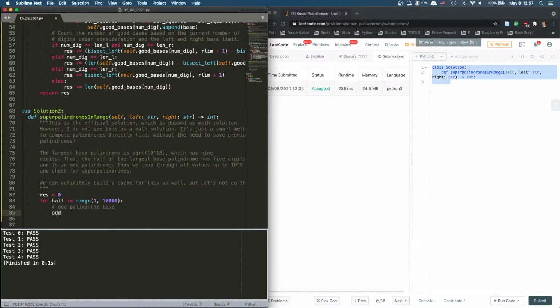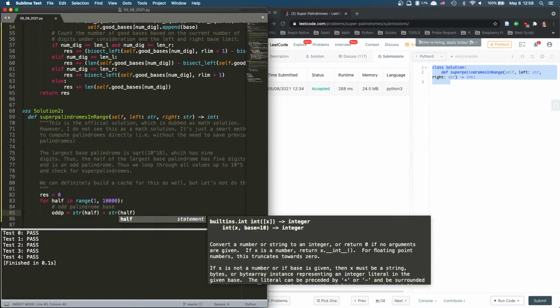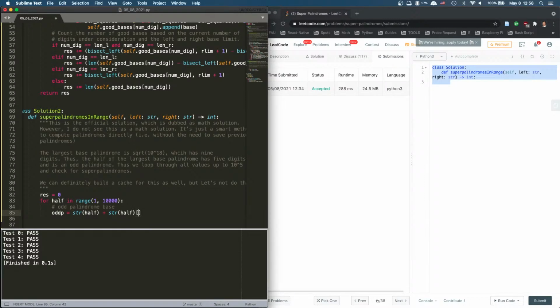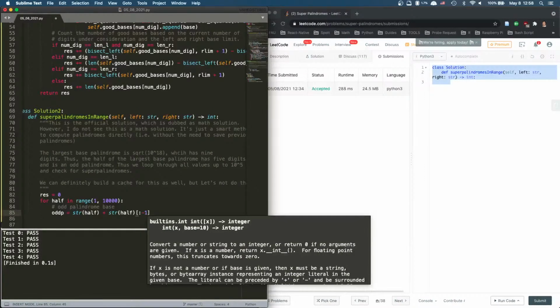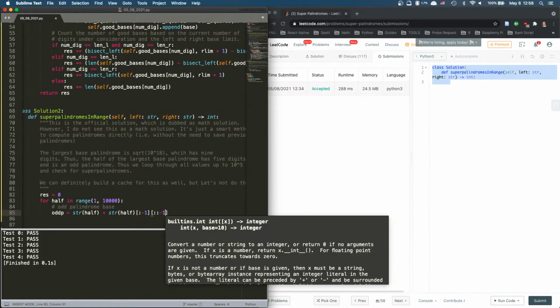Odd p equals str half plus str half, and then we're going to reverse it. Actually, no. We just don't include the last one, then reverse it.